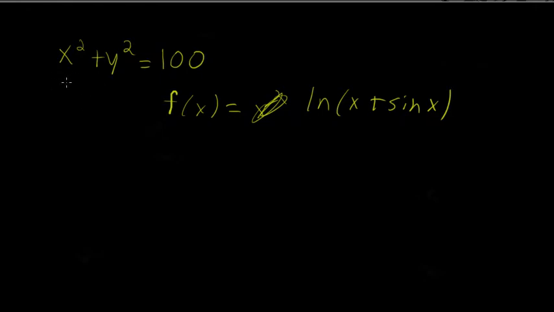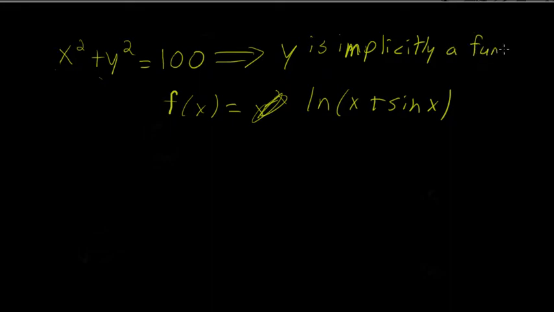And basically what this exploits is that here y is actually implicitly defined as a function of x.